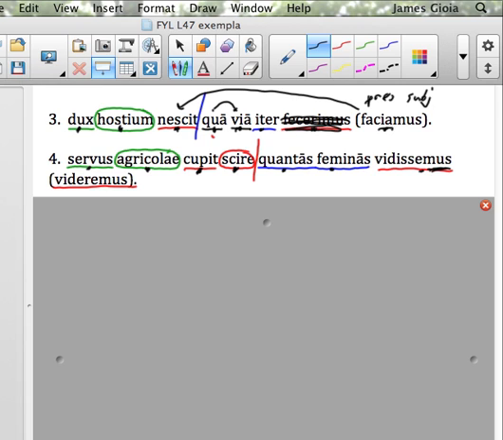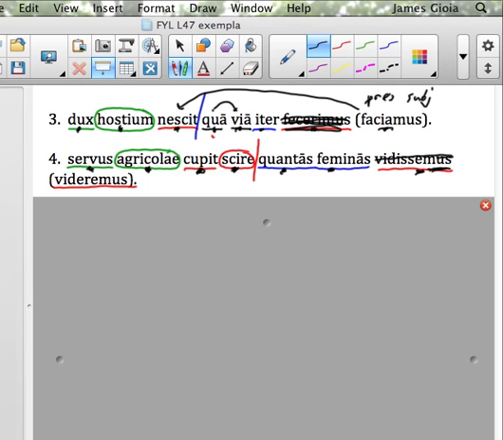Okay, in English we might say something like how great were the women we had seen, but in Latin they simply say how great the women we had seen. Okay, so again, the slave of the farmer desires to know how great the women we had seen.